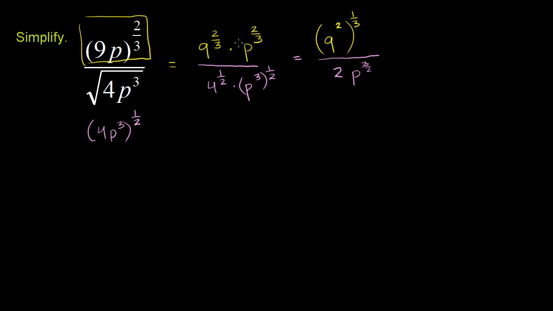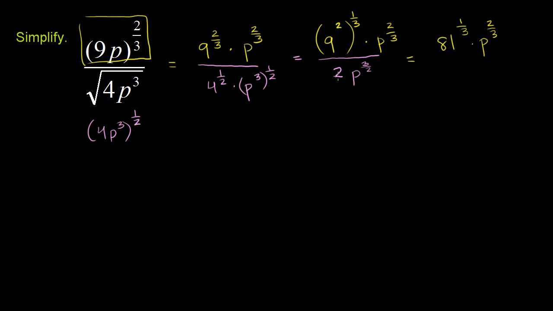Because 2 times 1/3 is 2/3. And then you have that, of course, times p to the 2/3. And 9 squared is 81, so it's 81 to the 1/3 power times p to the 2/3.